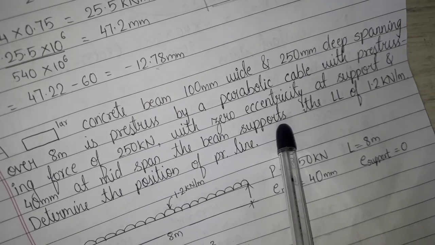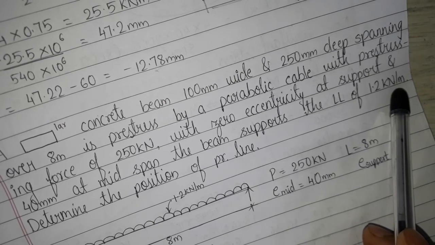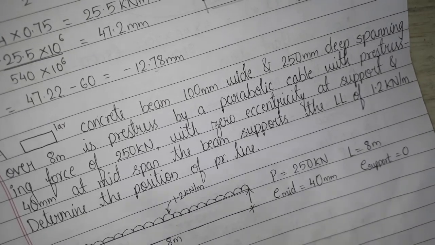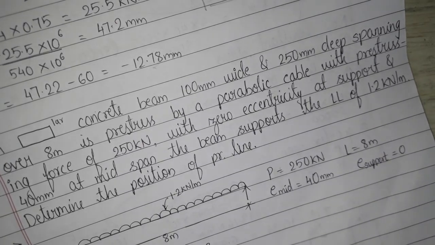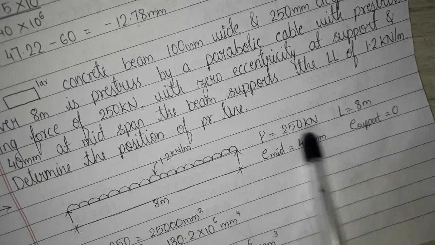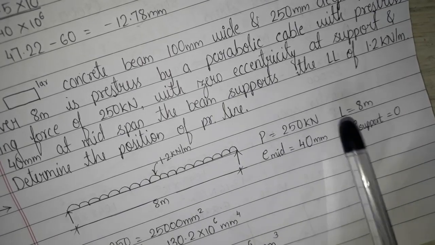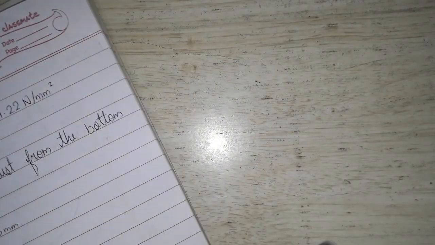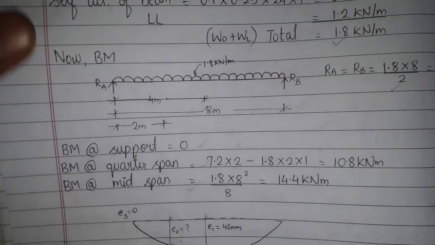The beam supports a live load of 1.2 kN per meter. Determine the position of the pressure line. It is similar to the first problem I have solved. According to the given data you can calculate the required things very easily. Then after that we have the bending moment calculation.